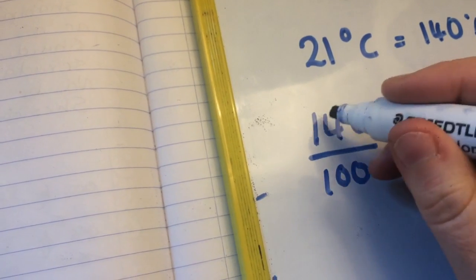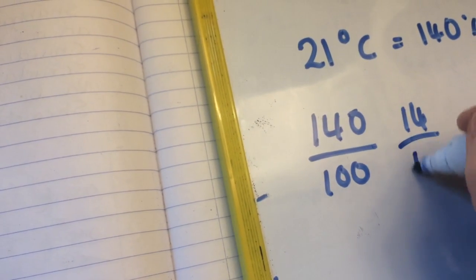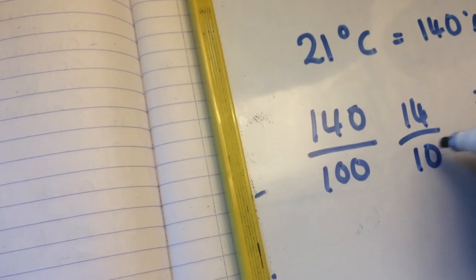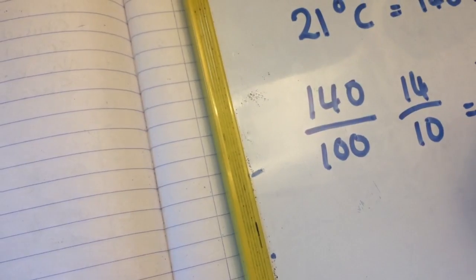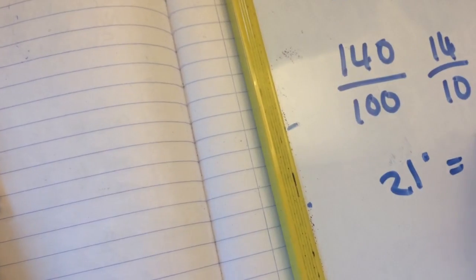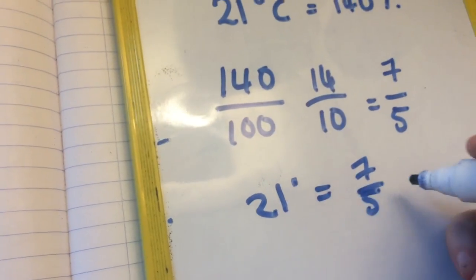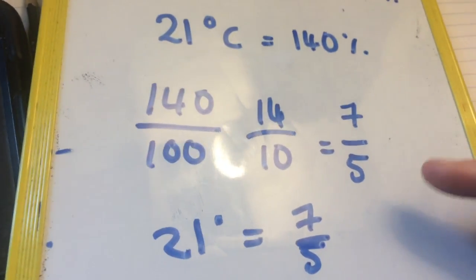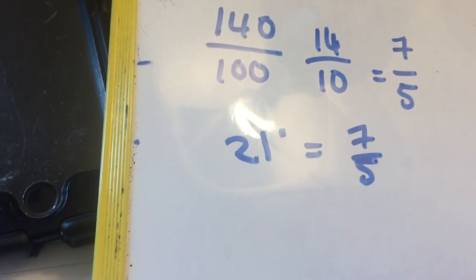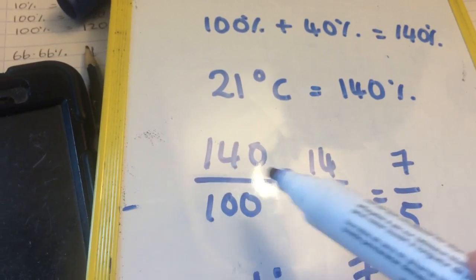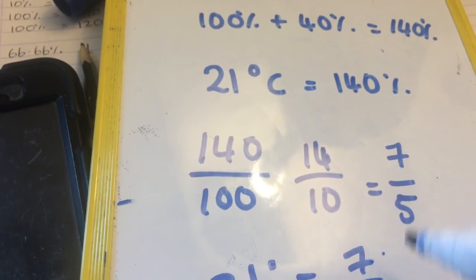We can break that down, divide out by 10, which is 14 over 10, which is actually 7 over 5. When we realize that's 140%, we change it into a fraction. So 140% is equal to 7/5. Okay, because we broke down 140 over 100, 7/5.